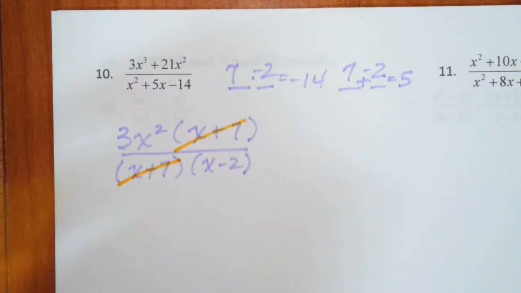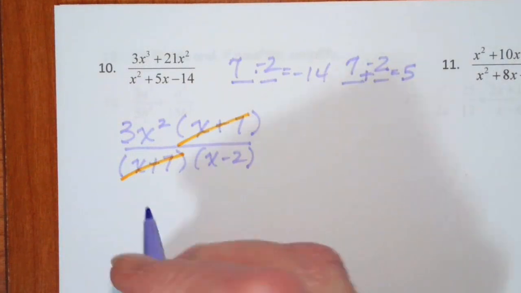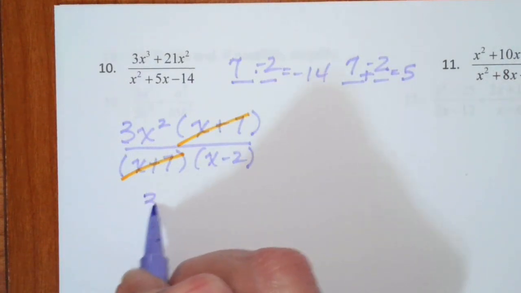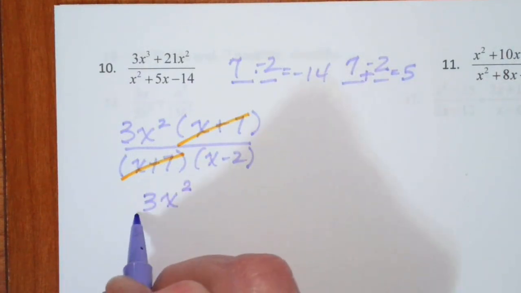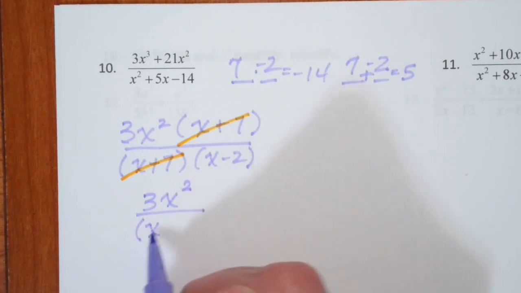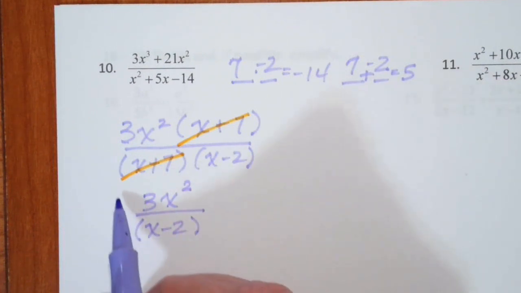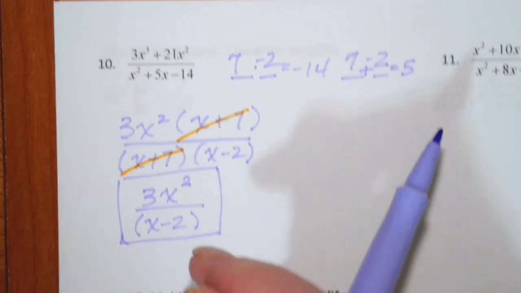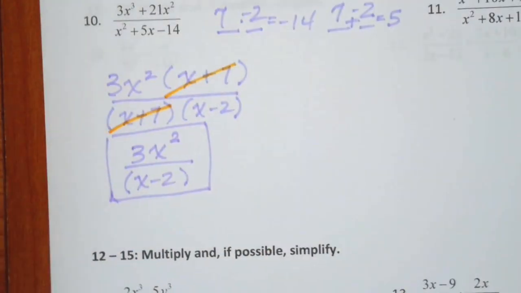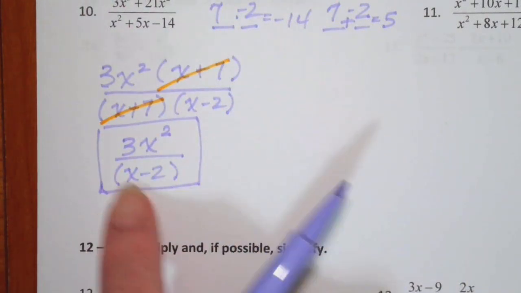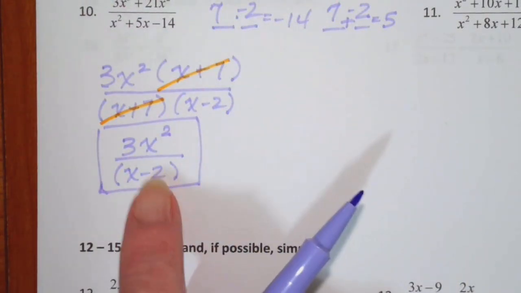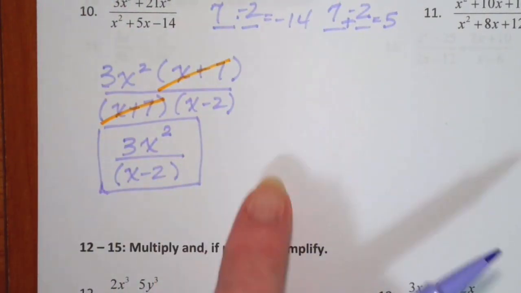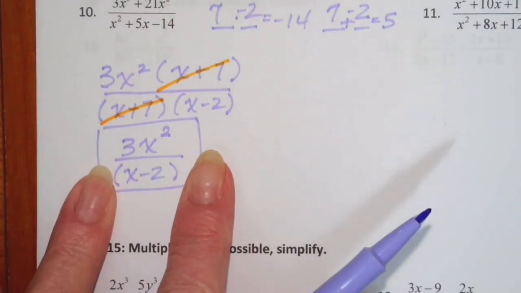So now I have a common factor, numerator and denominator, of x plus 7, and I'm left with 3x to the second divided by x minus 2. Now I've said many, many times before, but especially as we're learning, the parentheses are not necessary, but it just reminds me that unless I see an x minus 2, I can't do anything.